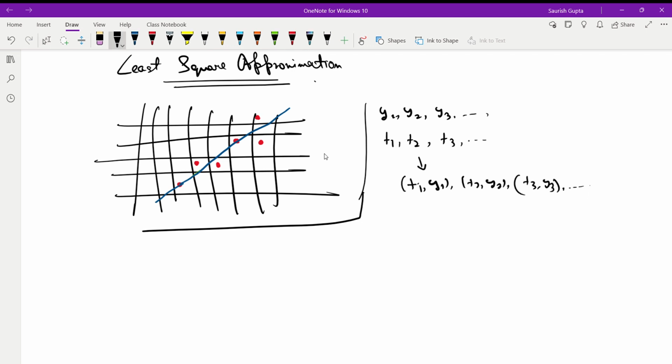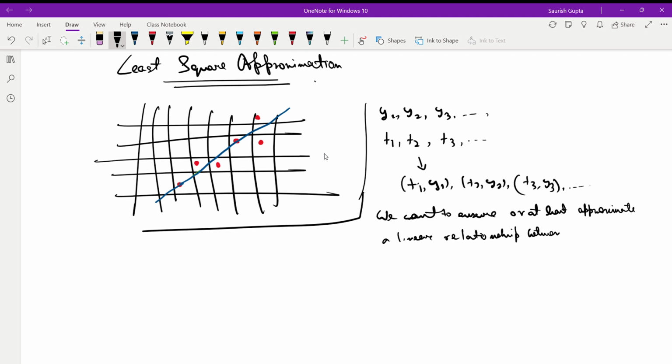So if I write it in words, we want to ensure, or at least approximate, a linear relationship between y's and t's, the physical quantity and time. That's what we want to do at least.